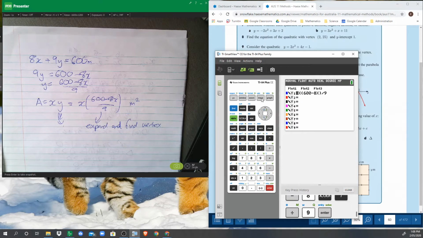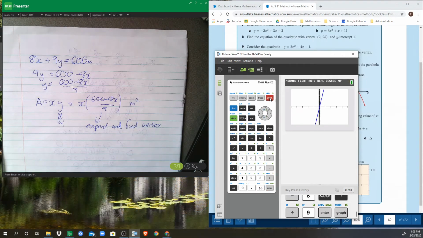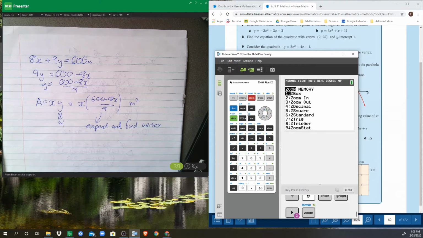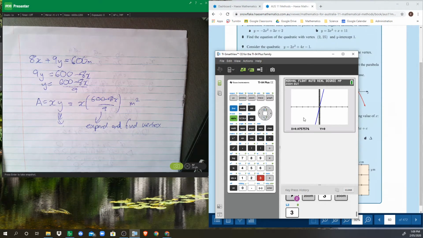Now graph that, and you will not see the graph. We have to zoom to a suitable level. Zoom out more than that. It's going to take a while.